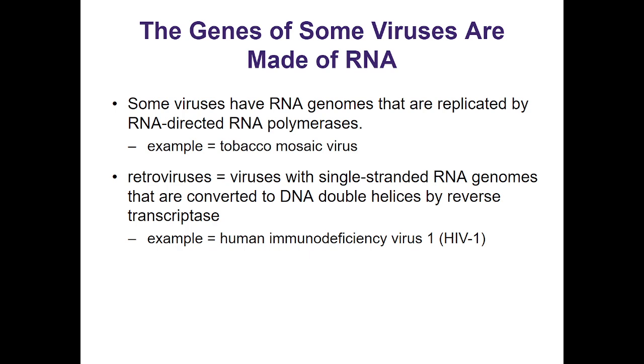Retroviruses are viruses with single-stranded RNA genomes. They're going to be converted to DNA double helices by reverse transcriptase. For example, HIV-1, the human immunodeficiency virus 1, is a very famous retrovirus, right? And this is how that functions.